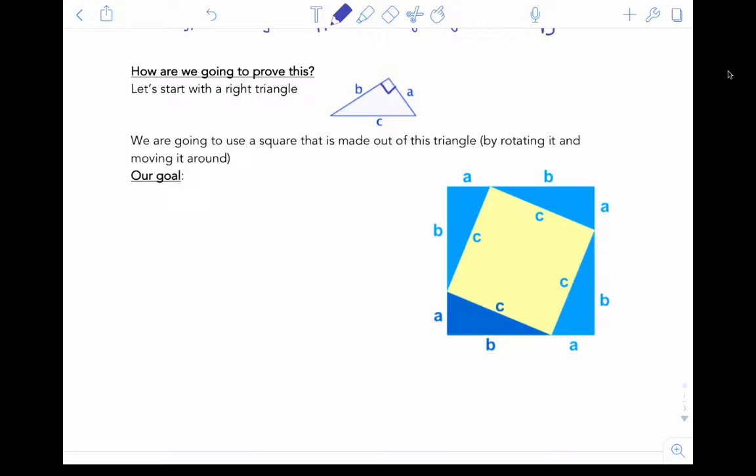So our end goal here is to say that the area of the 4 triangles plus the area of the small square is equal to the area of the whole square. So if we take all the parts and add them together, we get the whole. And that is what our goal is.